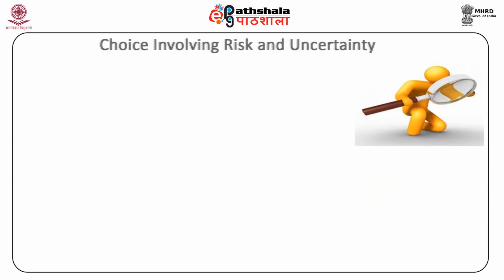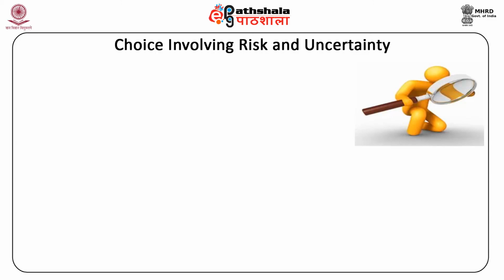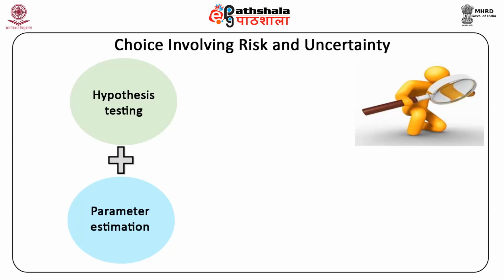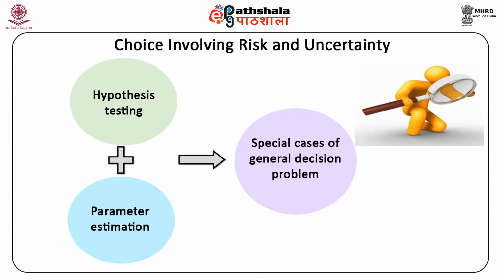In the 20th century, interest was reignited by Abraham Wald's 1939 paper pointing out that the two central procedures of sampling distribution based statistical theory, namely hypothesis testing and parameter estimation, are special cases of the general decision problem.